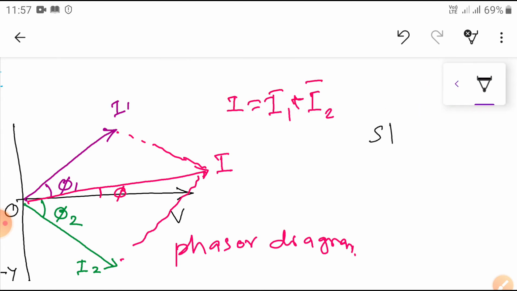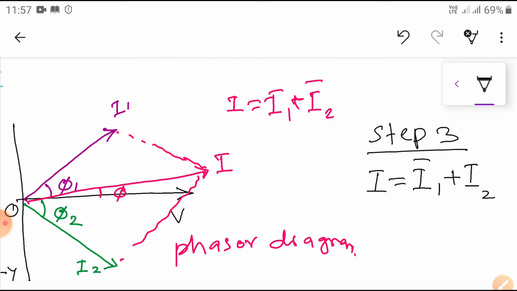In step 3, find the phasor sum of branch currents either by parallelogram law or method of components. There are two methods popularly used to find the resultant values. I want the I, okay. So the I is a vector sum of I1 plus I2, this is a current.